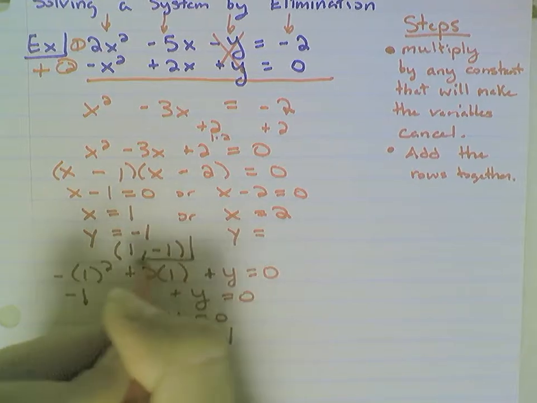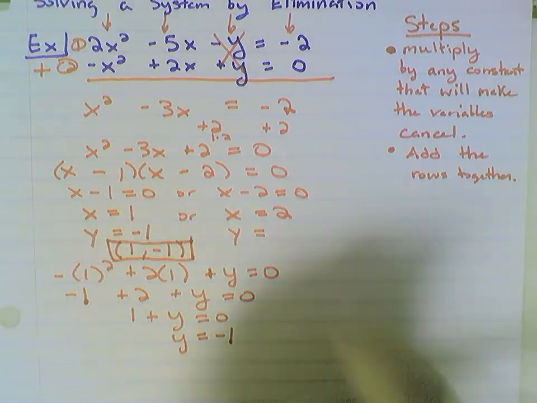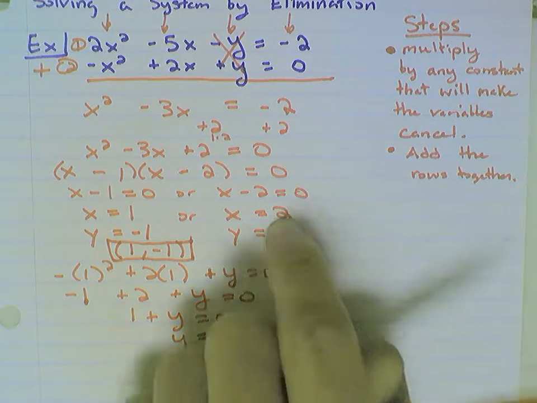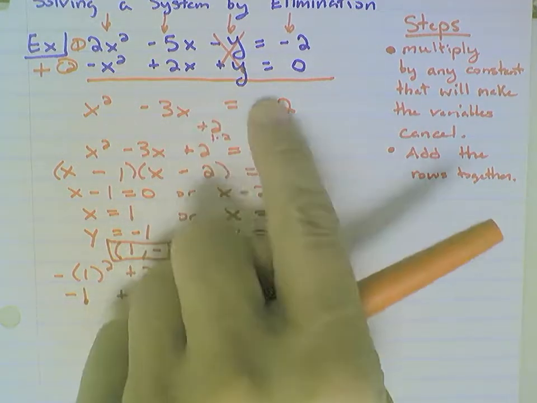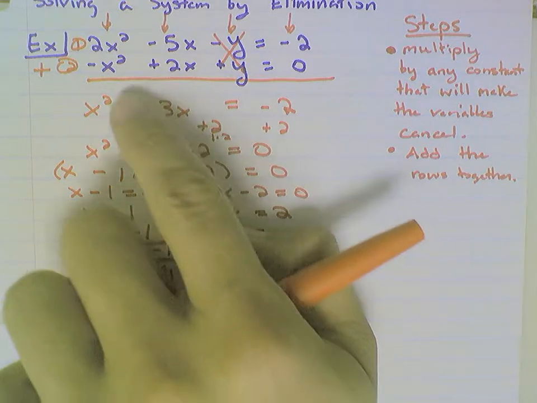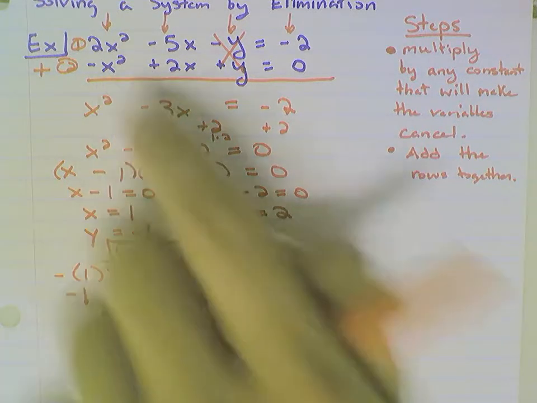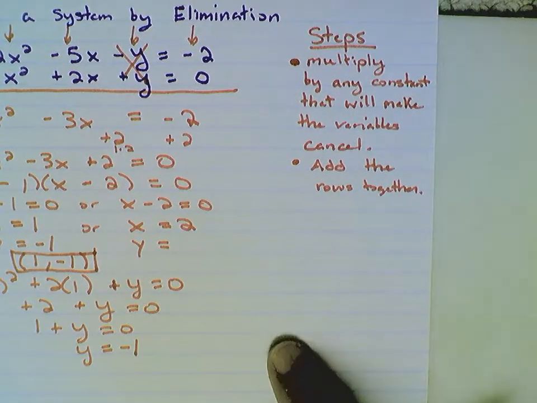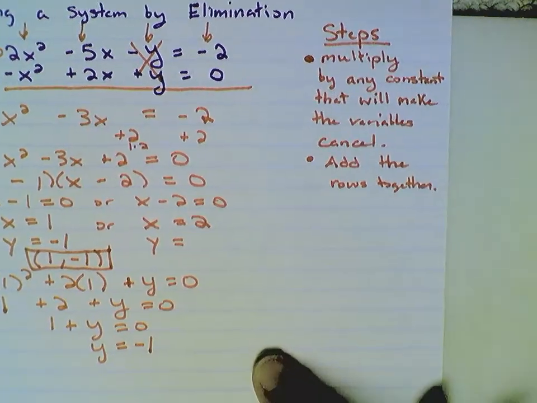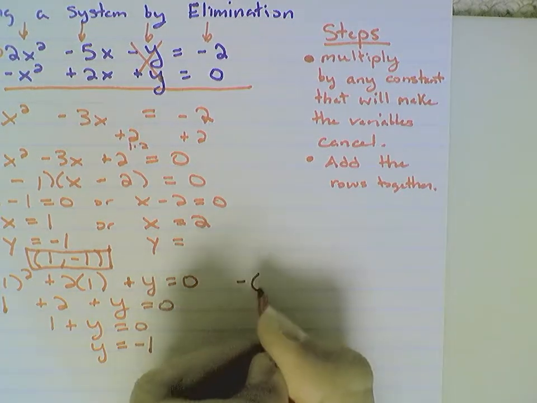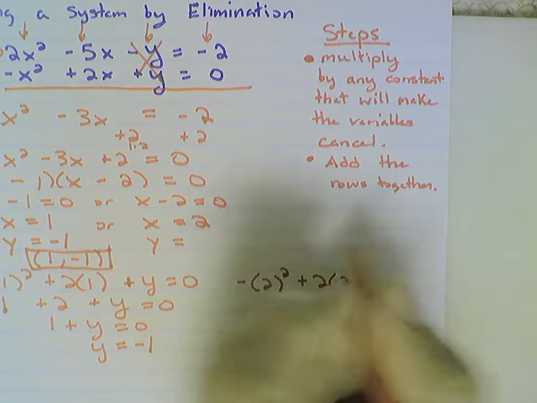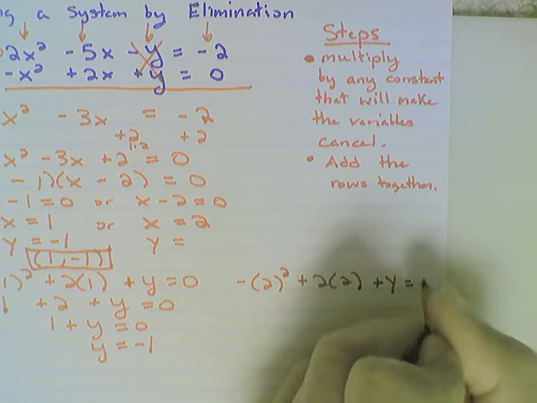Now to find my second solution, I have x is 2. I'm going to do the same thing where I plug x into this second equation, but this time I'm going to make sure that I plug a 2 in instead of a 1 because the x value here is 2. I'll do this off to the side, and I get negative 2 squared plus 2 times 2 plus y equals 0.